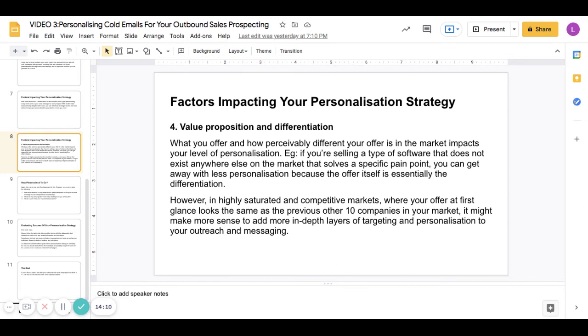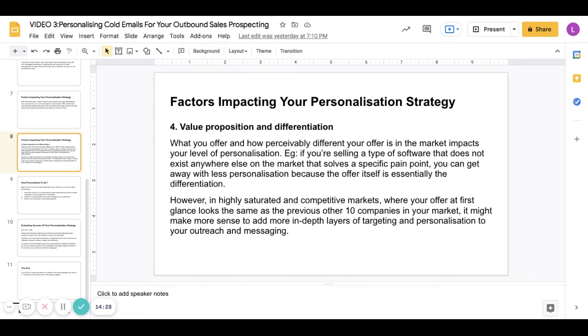However, another thing you want to consider with this is how saturated and competitive your market is. This is really common in the marketing agency world, where, for example, how many SEO agencies are there on the planet? There's literally so many.